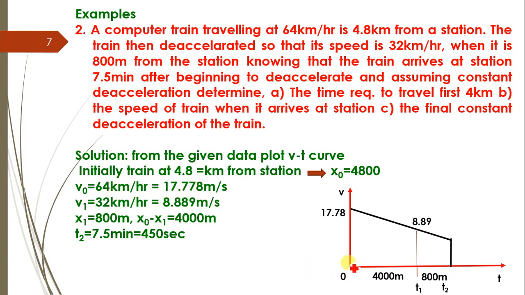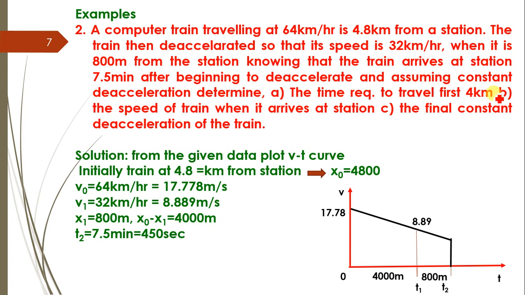So at 0 seconds the velocity of the train is 17.78 meter per second. Then its speed is decelerated to 32 km per hour, so v1 equals 8.89 meter per second at time t1.